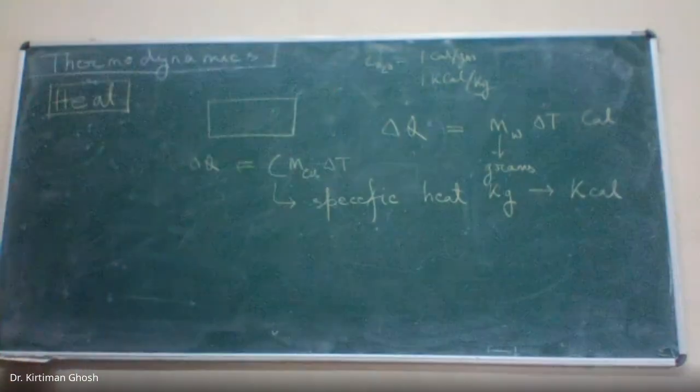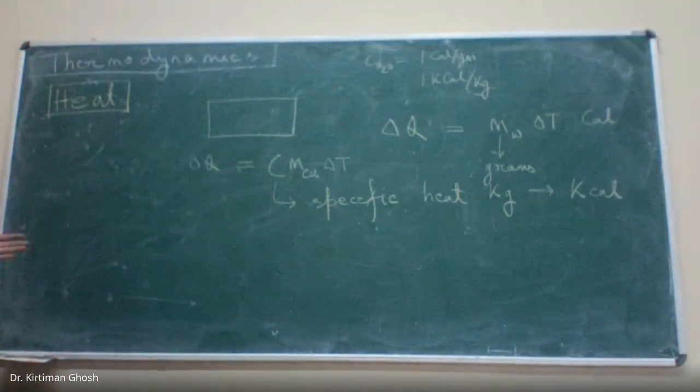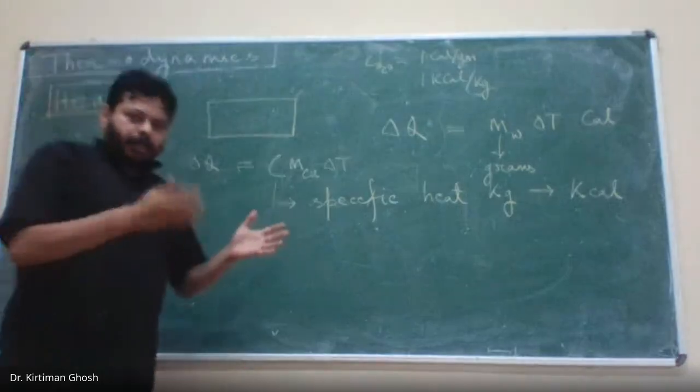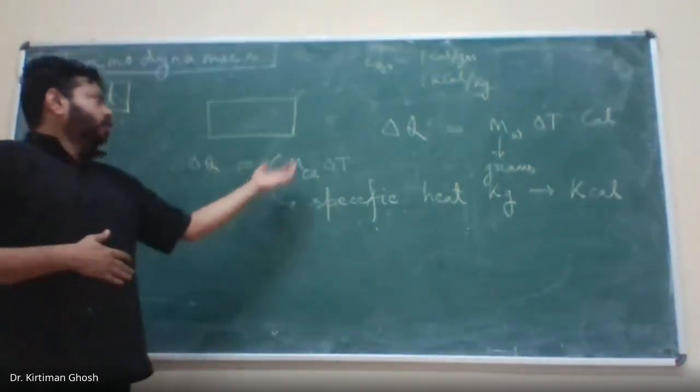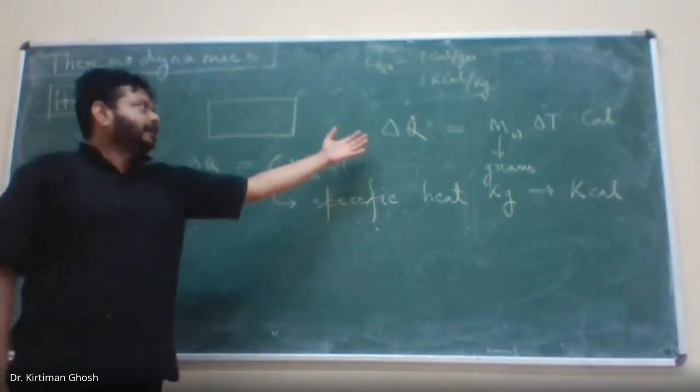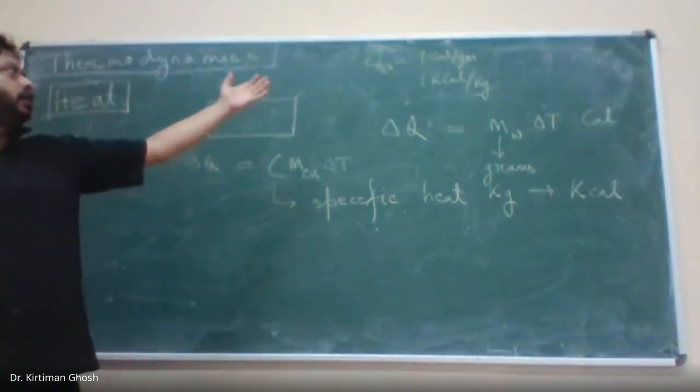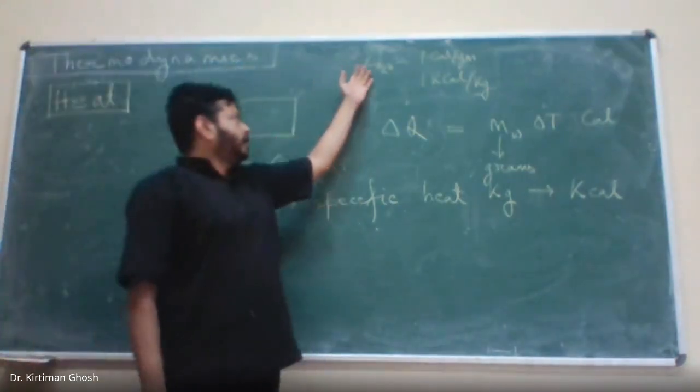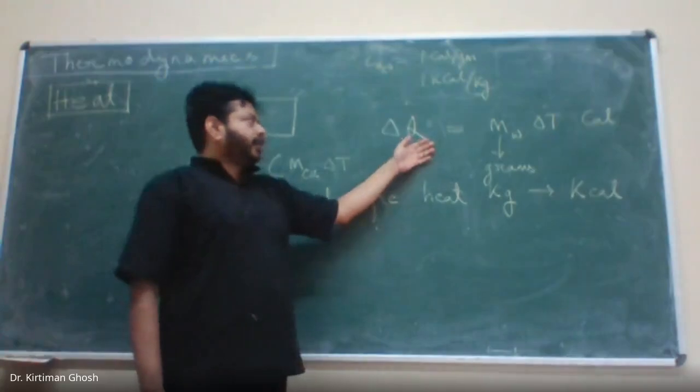This is how we define the specific heat. For any other object, any other metal, since we have already defined heat in terms of water, the specific heat of water comes from this definition.